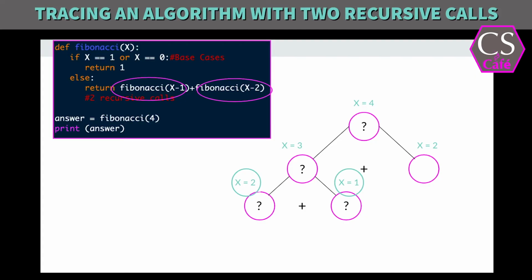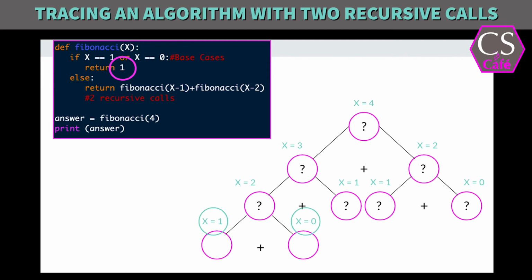We still don't know what the actual value to put in this tree is until we get to the base case of x equals 1 or x equals 0. Okay, we fill in the same on the other side, and actually we can just copy the values of x when we get them from the left hand side of the tree.